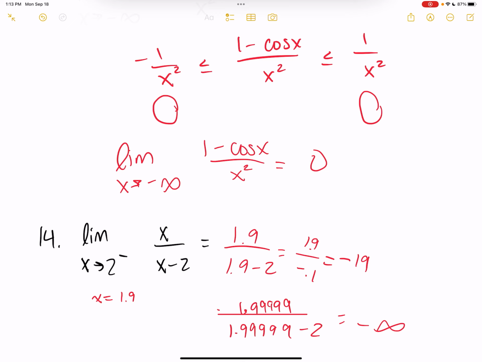Now, if you wanted to graph that x over x minus 2, you could do that for a second while I'm trying to get the projector back on. If you graphed x over x minus 2 and then did zoom standard, you can look at it. We can even zoom in if you want, or zoom box around x equals 2, that area. So put it in the y equals.